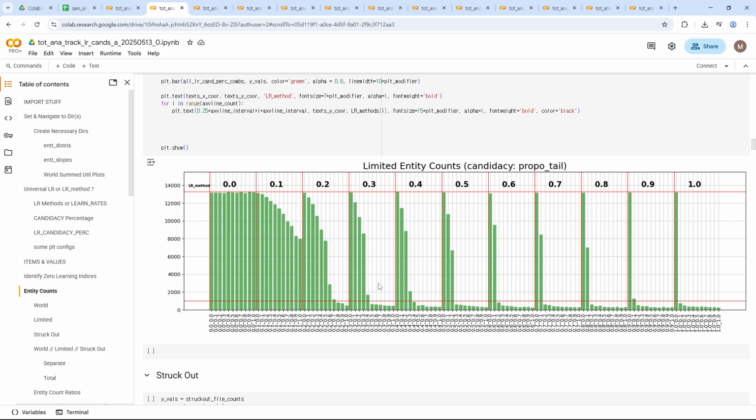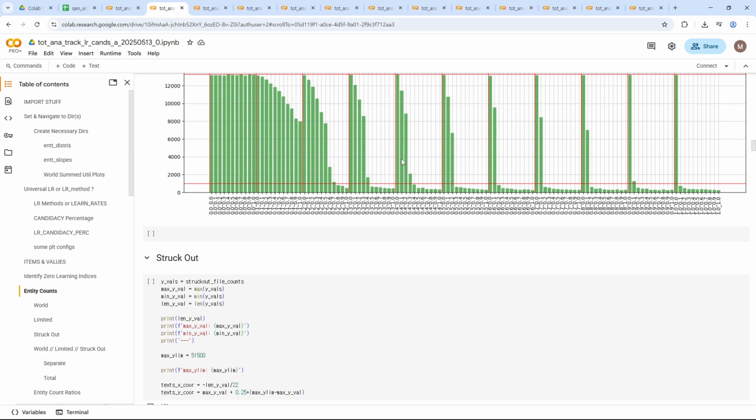Therefore the number of entities being limited out naturally goes away, as more and more entities that might have been limited out get struck out first, which is apparent when you look at this.